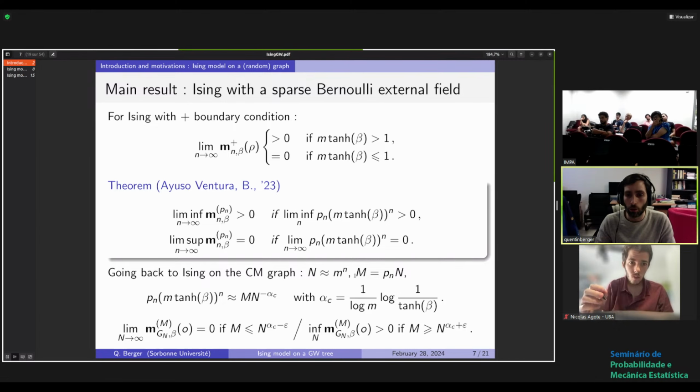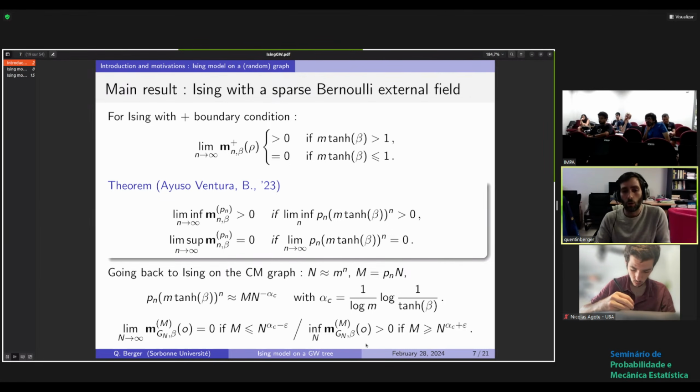And the number of external agents will roughly be Pn times m^n. Pn is the probability of having a plus attached, so a proportion Pn of the vertices have a plus. If I write this condition in terms of m and n, it gives m times n to the power minus some alpha, denoted alpha critical. It's just a simple calculation.